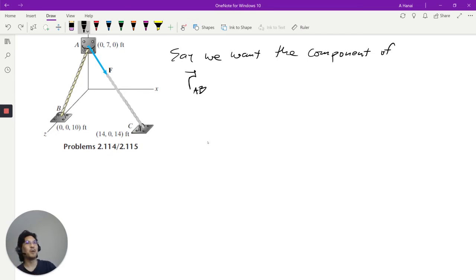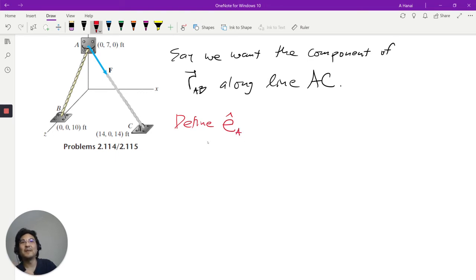What's the component of that along this line? First we need to define that line, so we define some unit vector along the line. No problem.